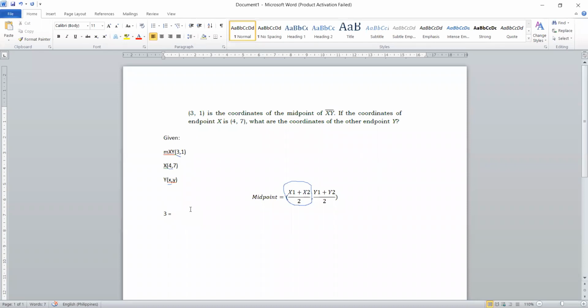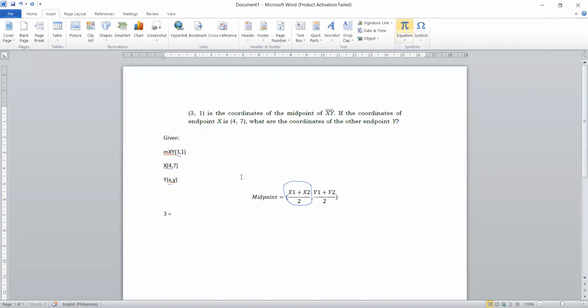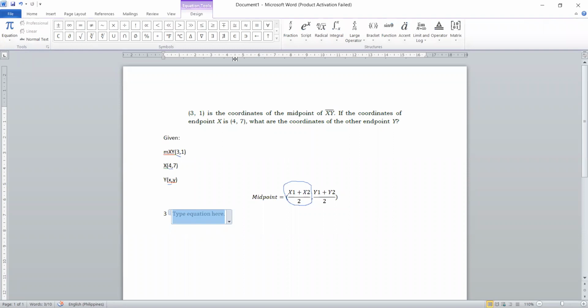So this will be 3 is equal to 4 plus x divided by 2. Again, that's 3, the midpoint, is equal to 4 plus x divided by 2. So you can solve for x, which is the x coordinate of your endpoint Y.